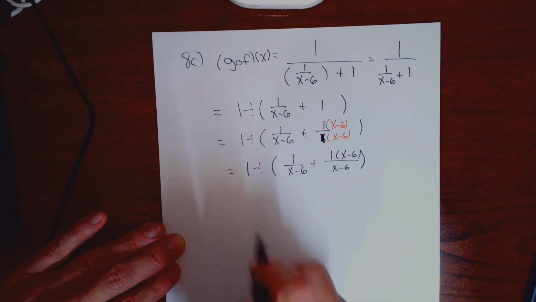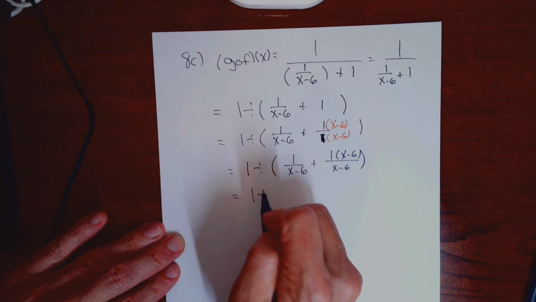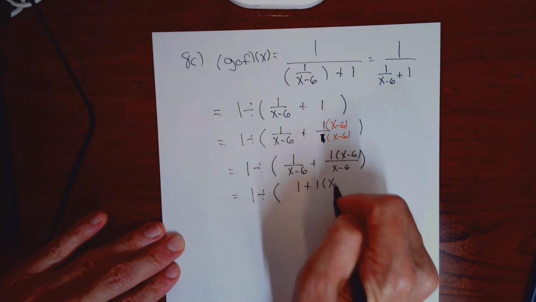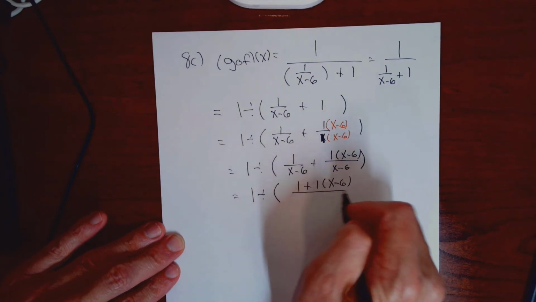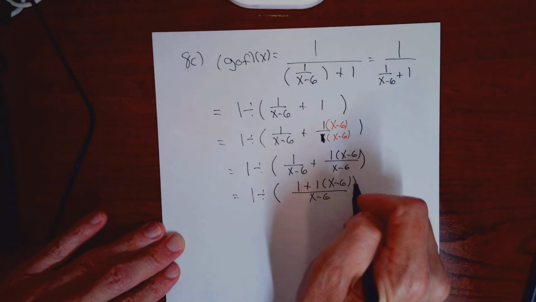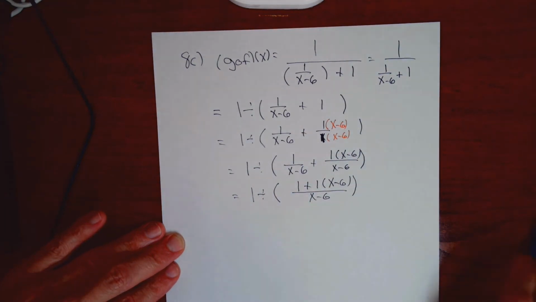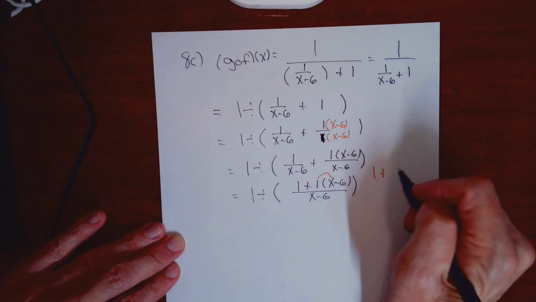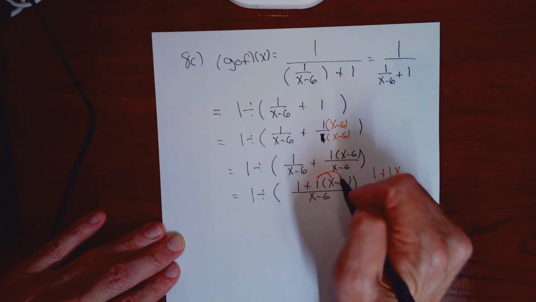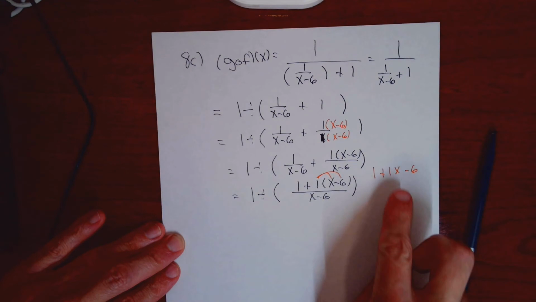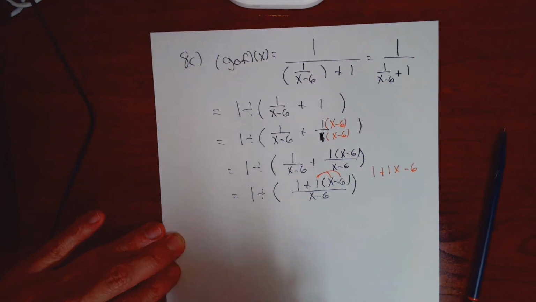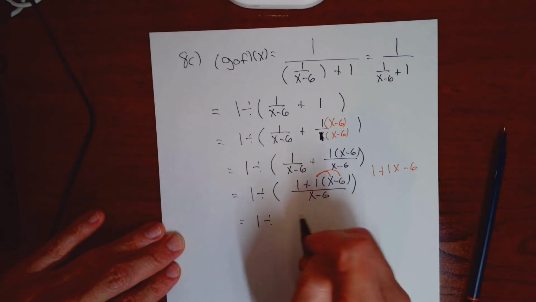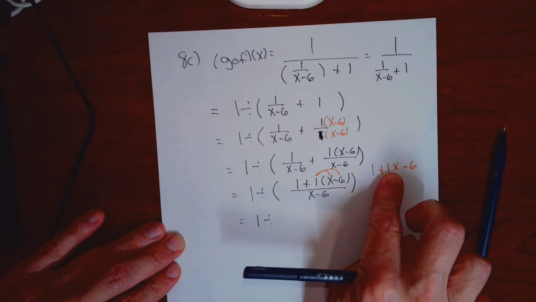So the fractions here have the same denominator. I can combine them together and get 1 divided by 1 plus 1 times x minus 6 over x minus 6. That numerator comes to be 1, and then plus 1x and minus 6. That numerator is going to be 1x minus 5. So this is going to come out to be 1 divided by the simplifying of the numerator.